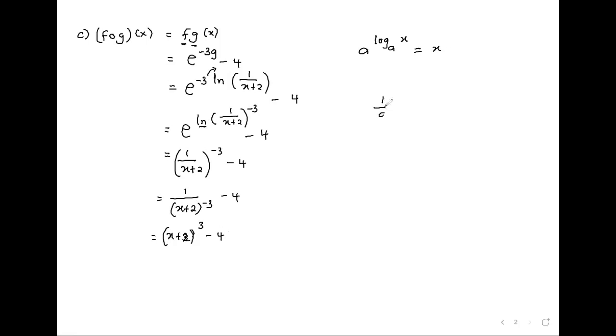Because we know that 1/a is the same thing as a to the power -1, and 1/a to the power -1, remember I said it will just be a, which is what we have here. And this is the polynomial in terms of x. There's no need of expanding. And that's how you answer C.